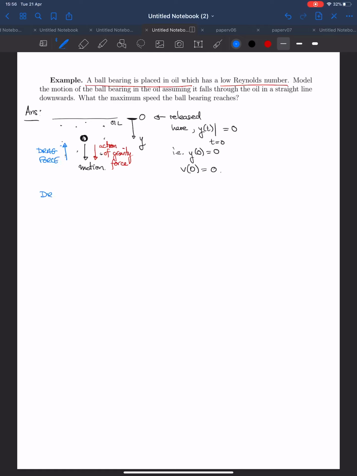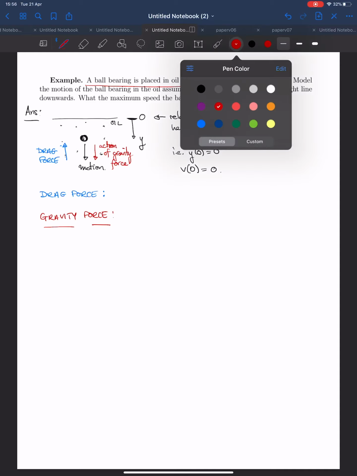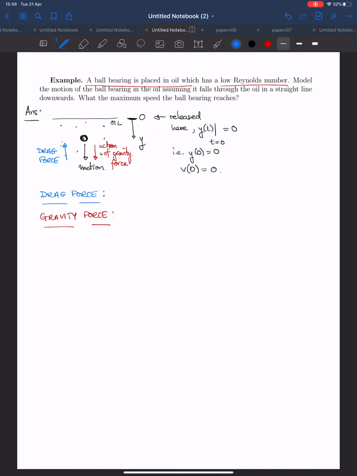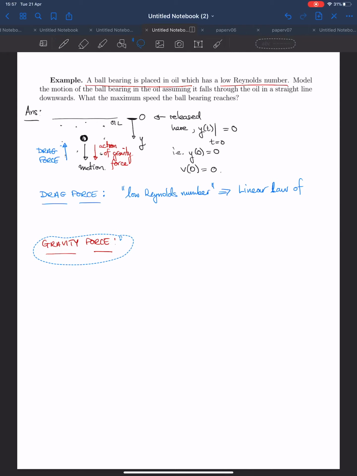So we're going to need to calculate the drag force and the gravity force, and then sum them up. Why? Because remember that using Newton's equations of motion requires a net force, a resultant force. Now, low Reynolds number implies linear law of resistance.